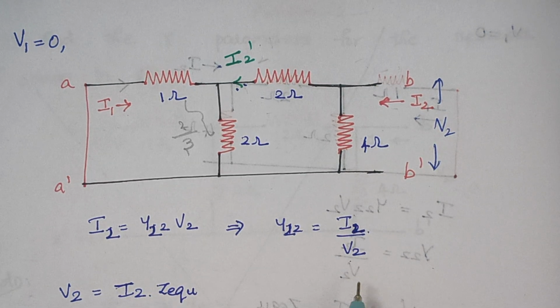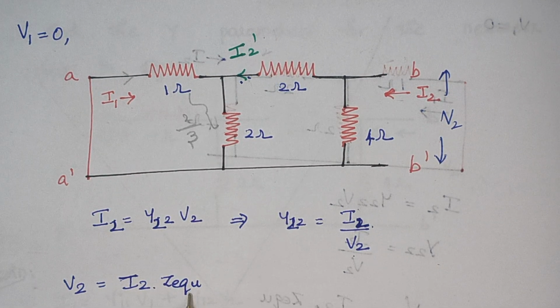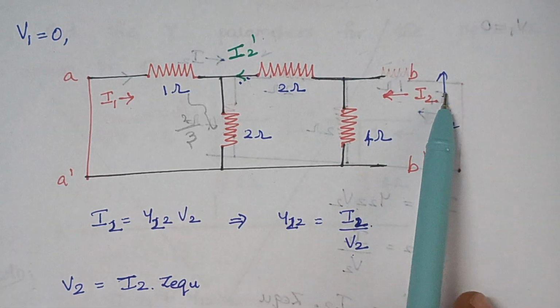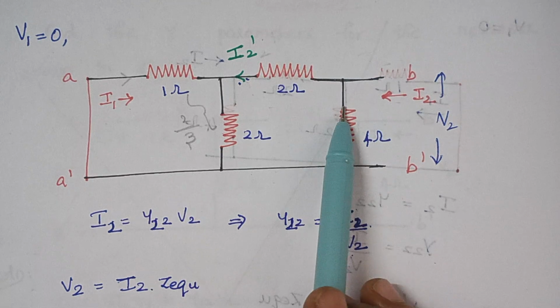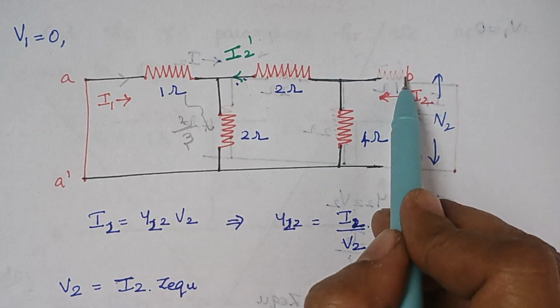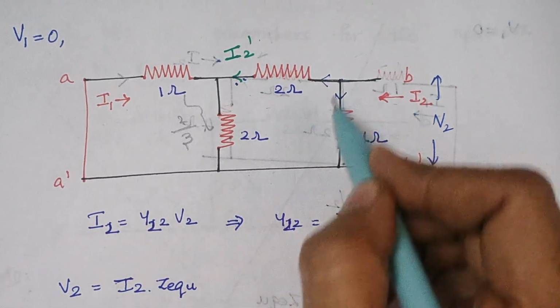Now we are going to calculate the value of V2. Here V2 is nothing but I2 into Z equivalent. So you have to look at this circuit diagram from this side, that is from the direction of I2. When I2 enters this node, it gets divided into 2.